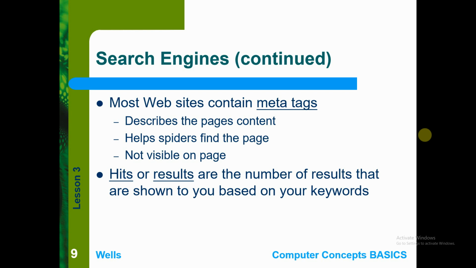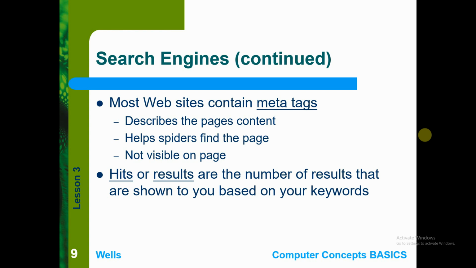So this is for the spiders to crawl through your website, in order to help them analyze what your content or your website is about and then add it according to the category suited to your website.